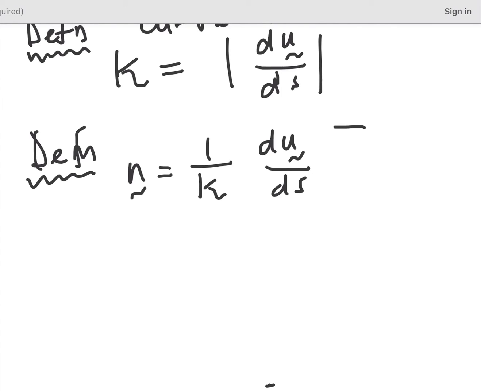So essentially the normal is your du ds divided by the mod of du ds, since kappa is the mod of du ds. So it's clear that the normal is a unit vector of magnitude 1. It's a vector divided by its magnitude. So this is what we call the unit normal vector.